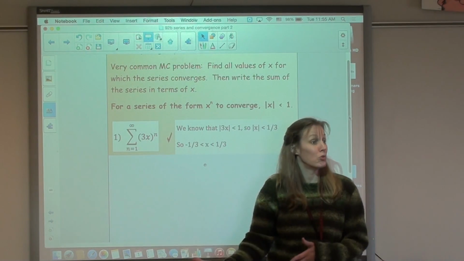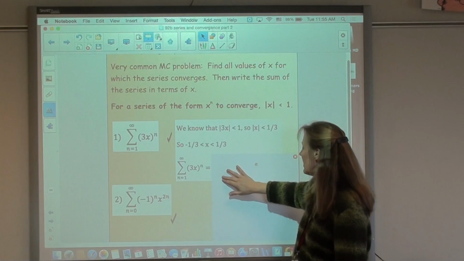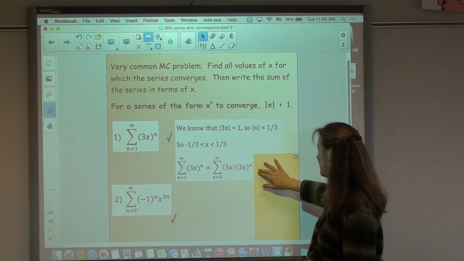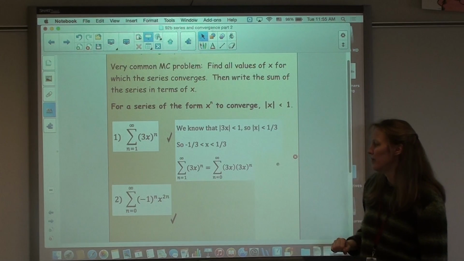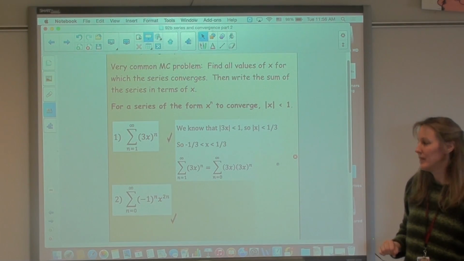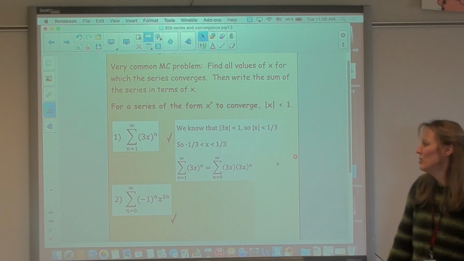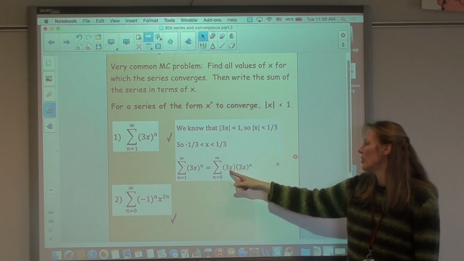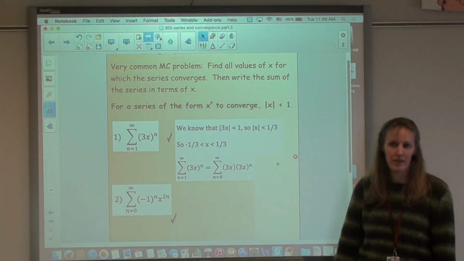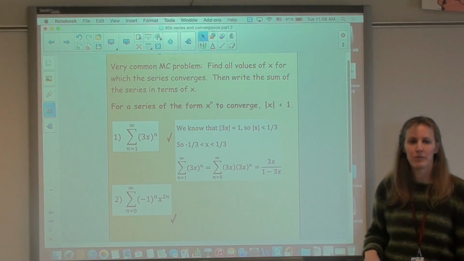So that's your new first term, and your new sigma would be that. It's weird, but it's true. So you write it starting with 0, and that way you know your first term goes on top over 1 minus r. So you end up with 3x over 1 minus 3x.